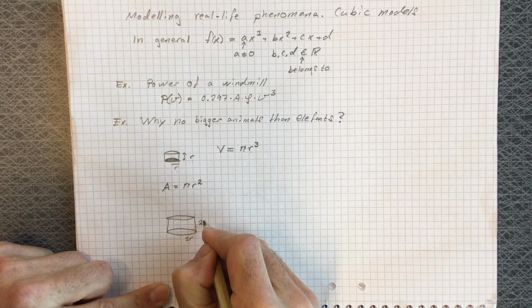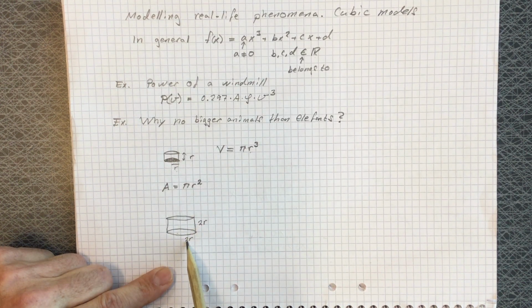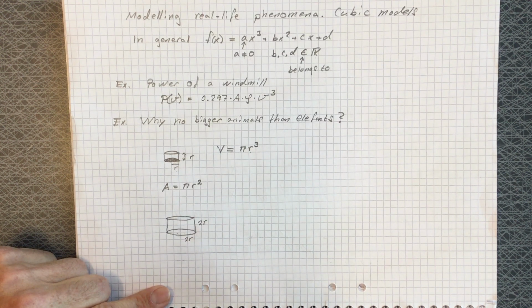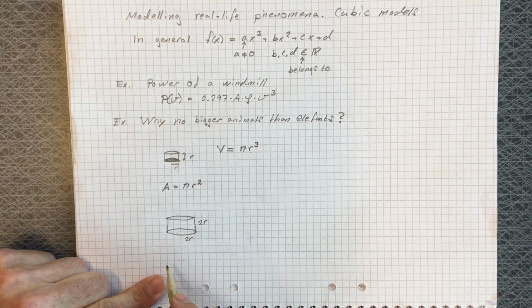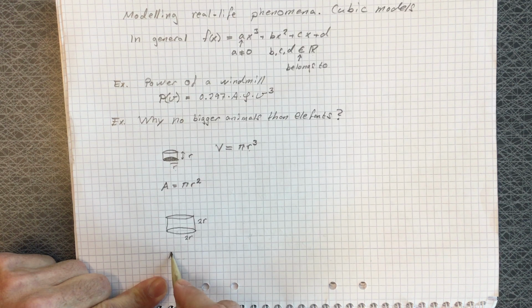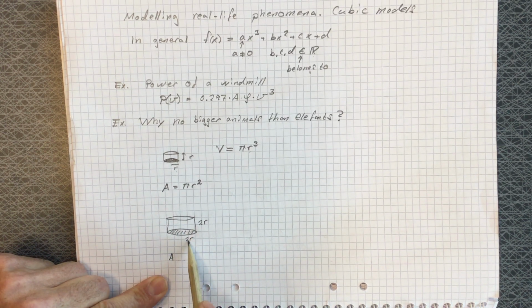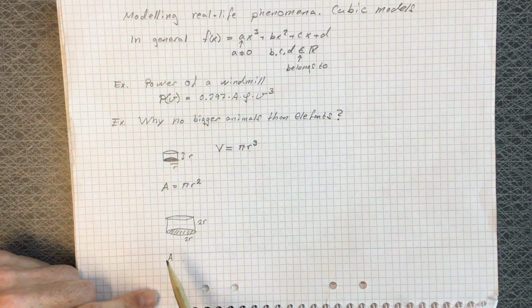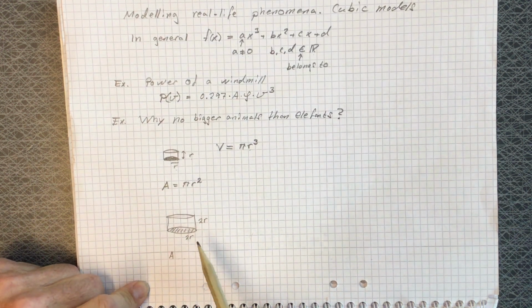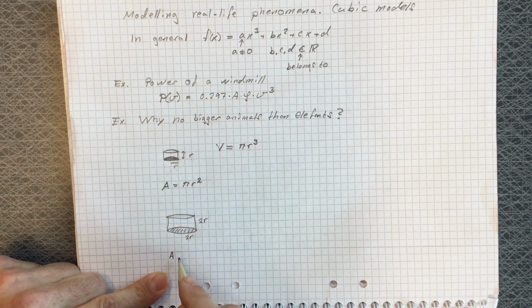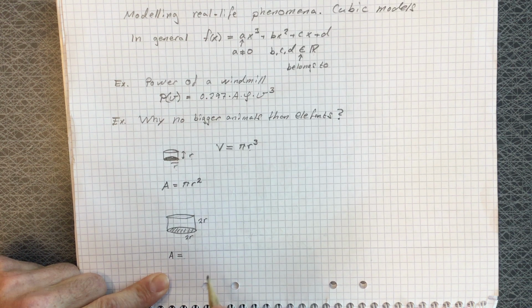So you have 2r for the height and 2r for the radius, like this. Now, let's see what happens with the area. This area, if you double the radius. Many people would say that if you double the radius, well, probably the area will be doubled as well. But that's not true, because this is what's happening.